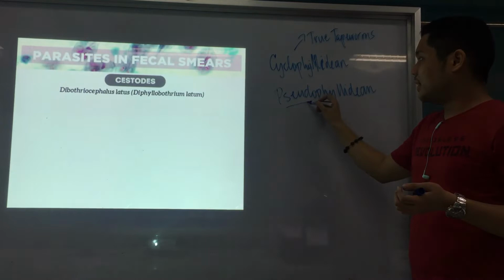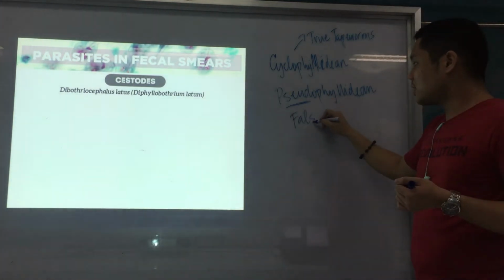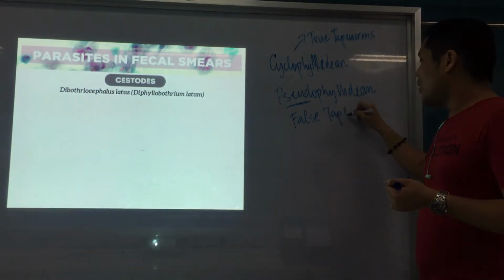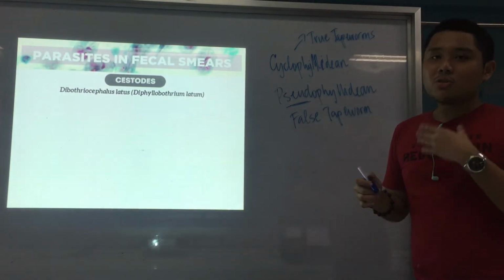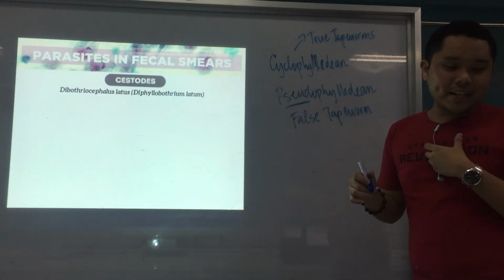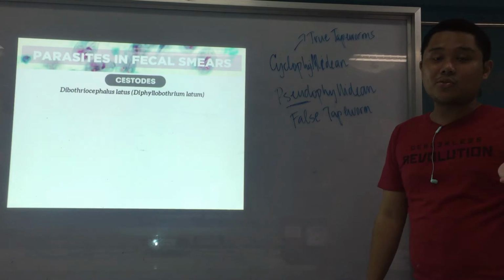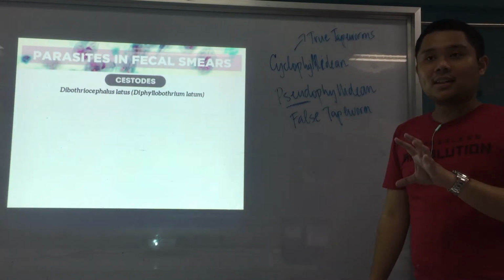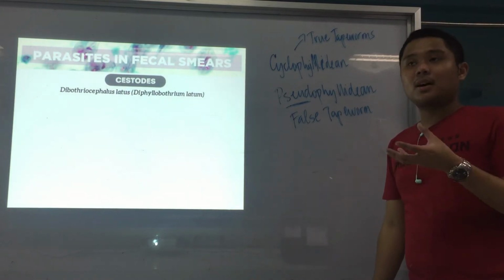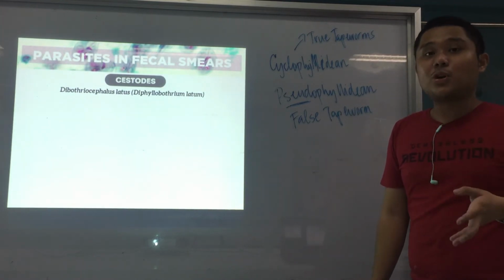So when you say pseudo, false or not true, it's also known as a false tapeworm. Why? Because, same with Schistosoma among the trematodes, it's different. Later, when we go to the different characteristics of D latum, you can see that it has the same characteristics as that of a trematode, of a fluke.